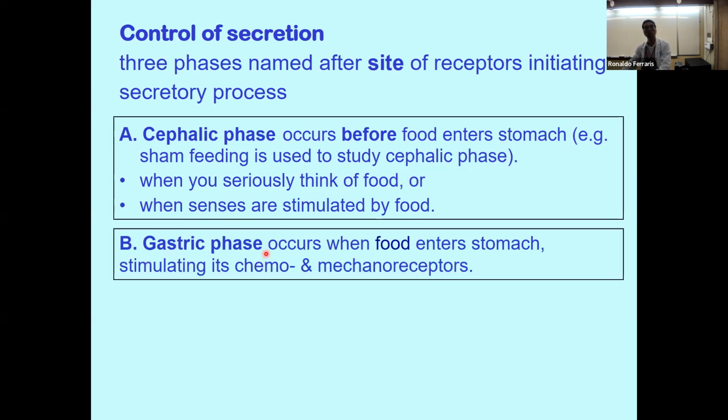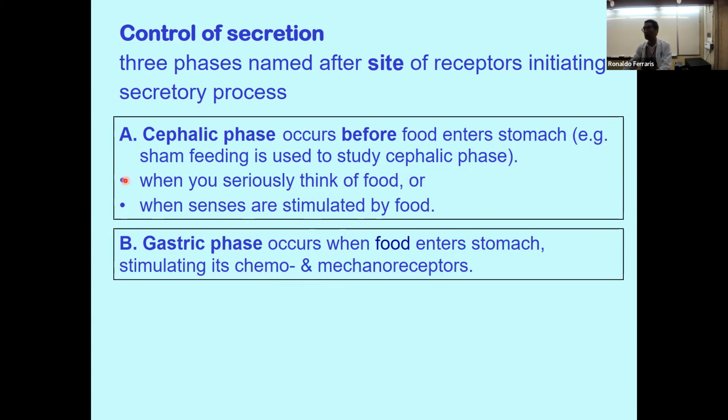The gastric phase occurs when food actually enters the stomach, but not yet the intestine. Remember that food will be processed in your stomach for a while. So food enters the stomach, and it has its own chemo and mechanoreceptors there. You can actually cut the vagus nerve and you will be normal.